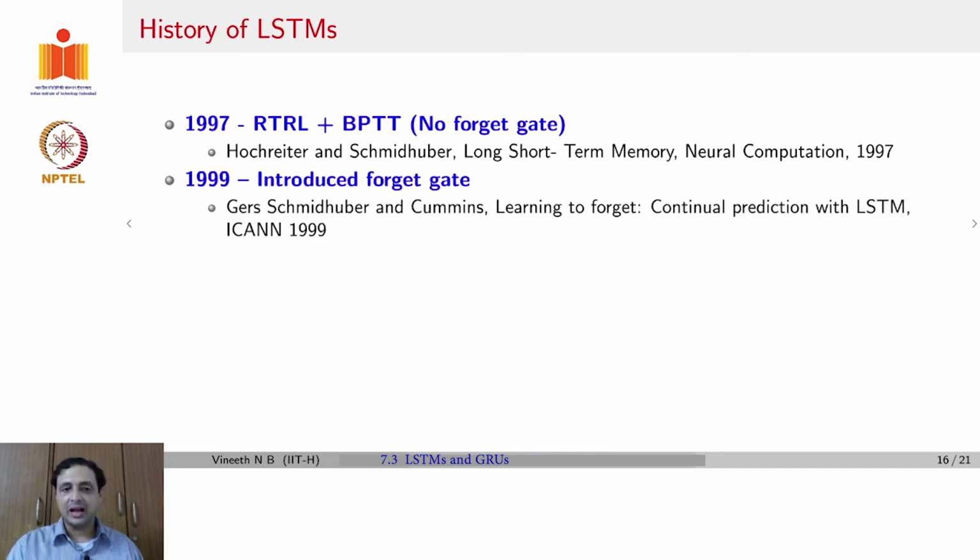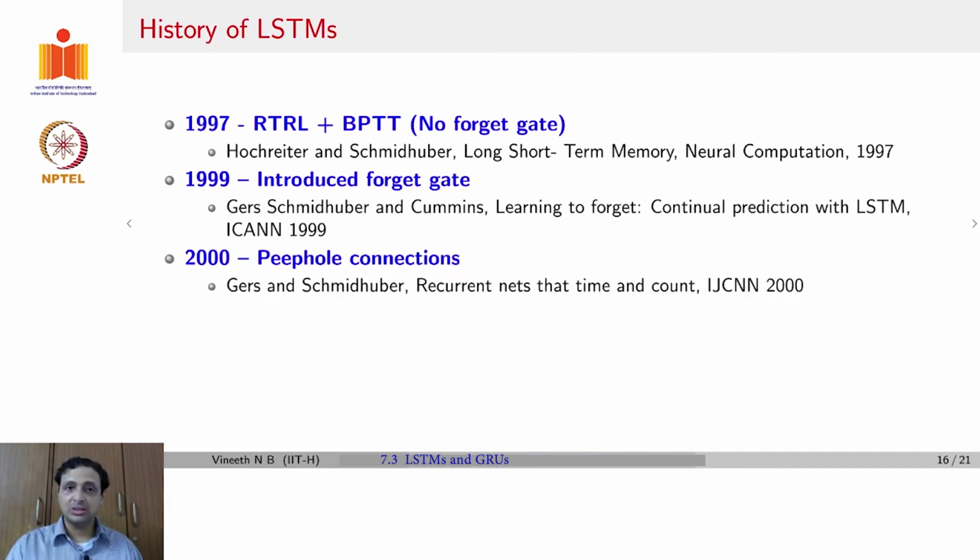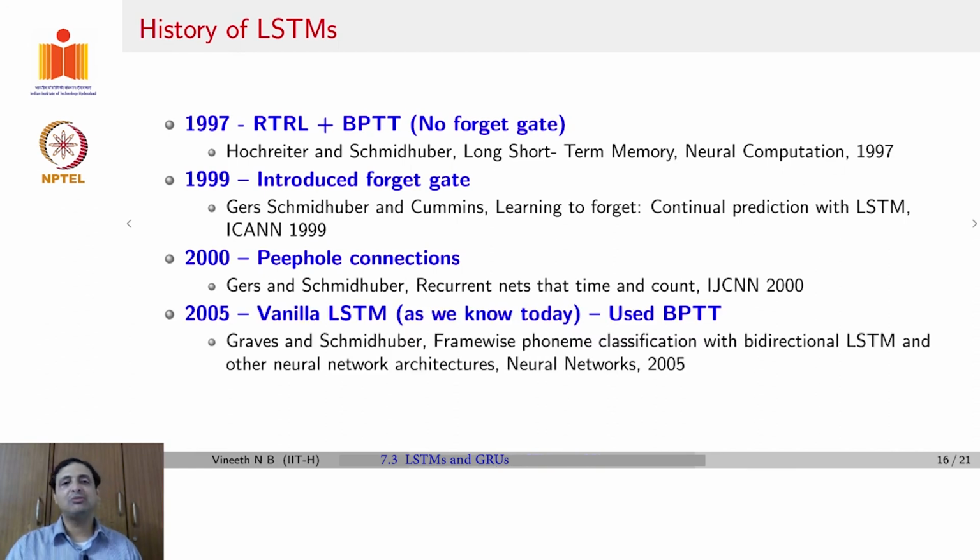Then in 1999, Schmidhuber's group again introduced the forget gate into the LSTMs. In 2000, the variant with peephole connections was introduced, and in 2005, Alex Graves, who is probably responsible for the version of RNNs and LSTMs that we see today, introduced the vanilla LSTM as we know it today with all the components.